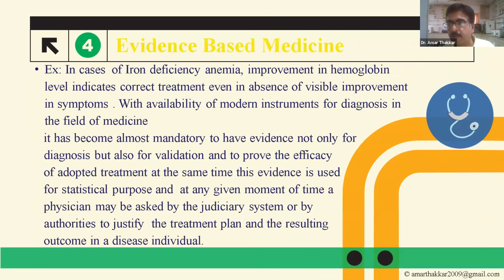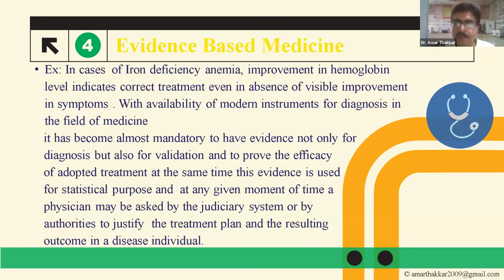The next part which we must always remember in evidence-based medicine is that if you are giving treatment and you want validation, then you must go along with investigations which are necessary in any given case. Like, for example, a case of iron deficiency anemia.